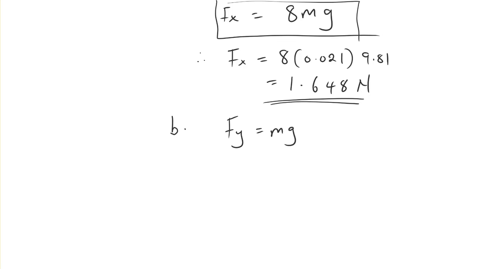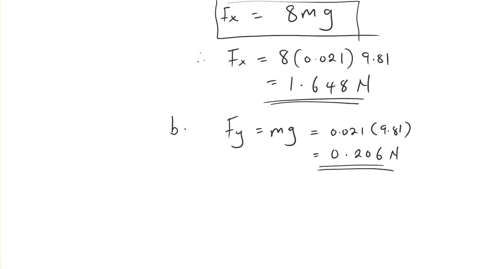So by plugging in the mass, which is 0.021, we multiply it by 9.81, and that will give me 0.206 Newton. 3 decimal places.